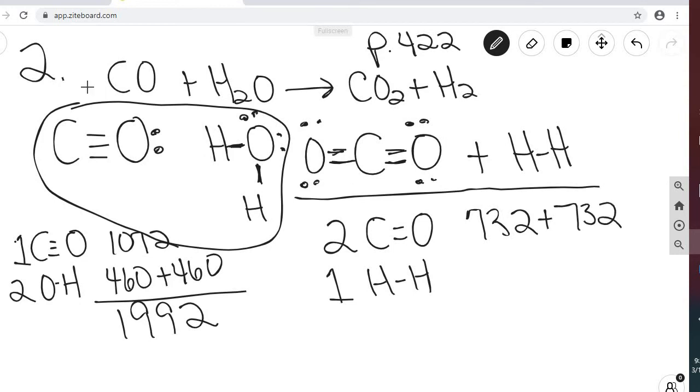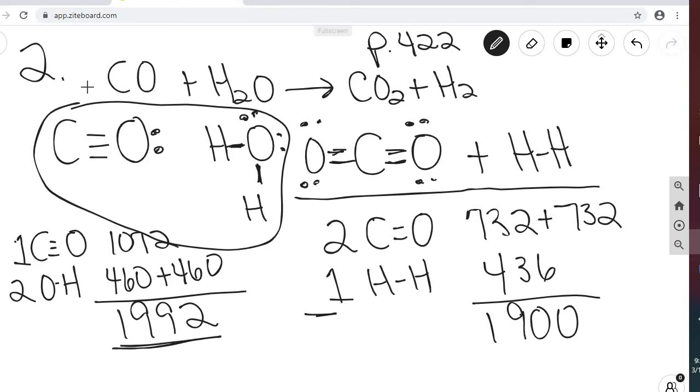And then the hydrogen bond is 436. If we add all that together, this is 1900.